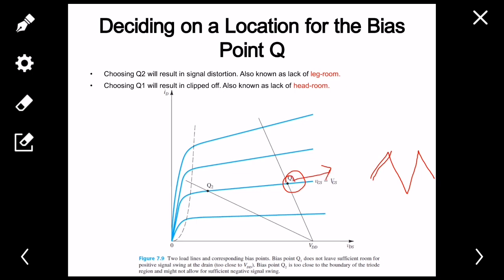Due to the phase shift, it will be the negative portion of your output signal. And as you can see, this is your boundary line. After VDD it is shut off, turned off, so your output signal won't have proper leg room. We call it leg room.